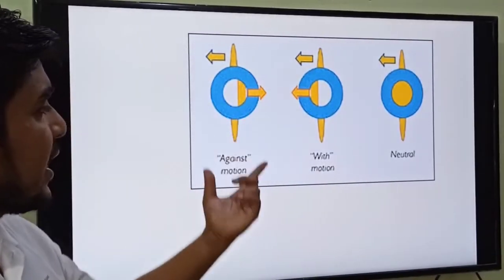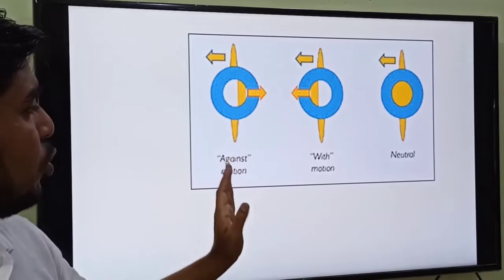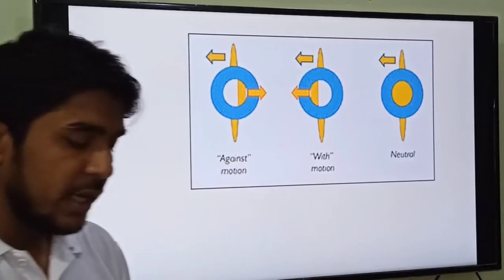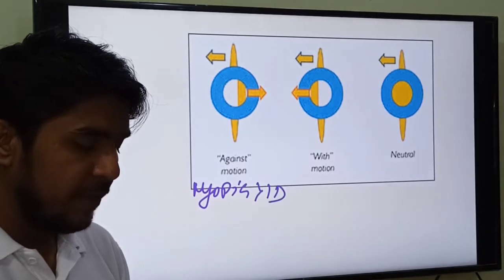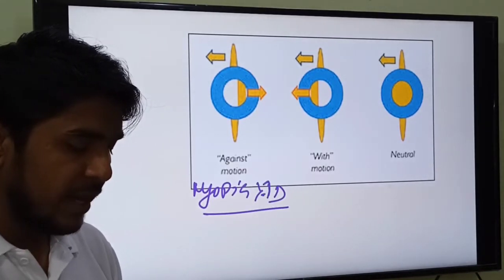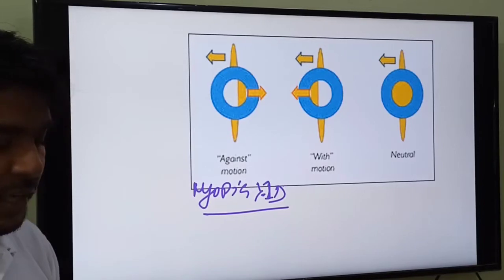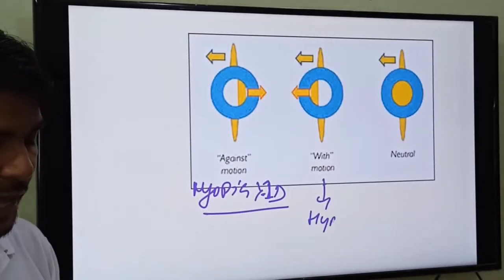If it is moving against the motion, it is myopia of more than 1 diopter, means more than -1.